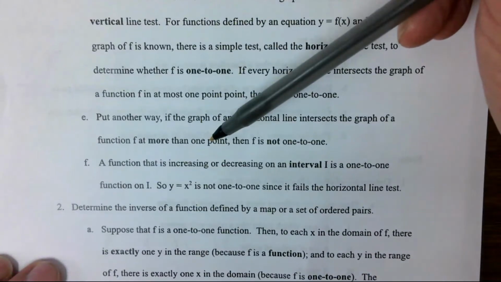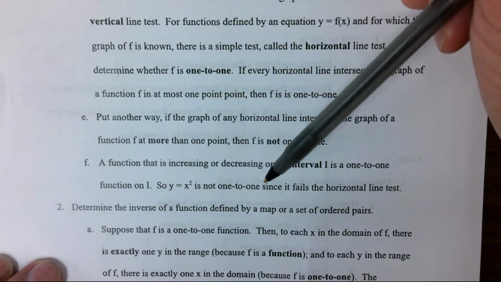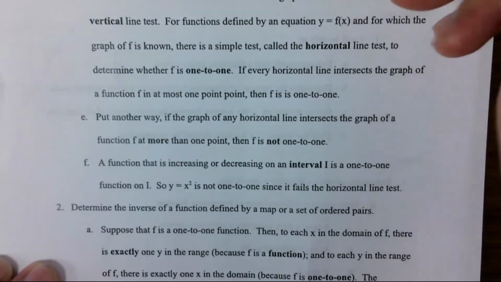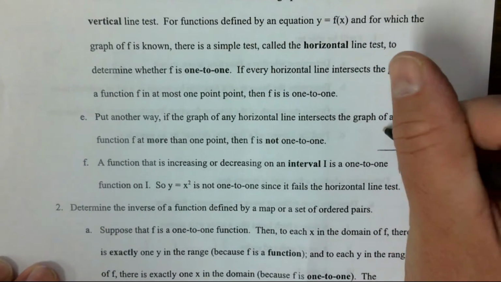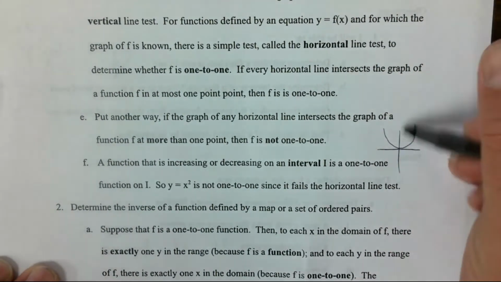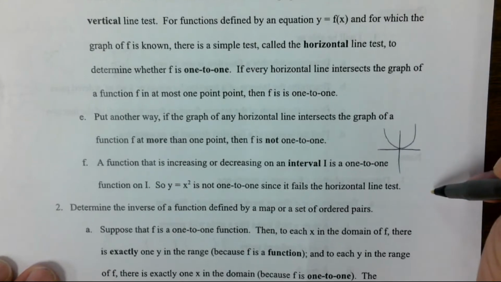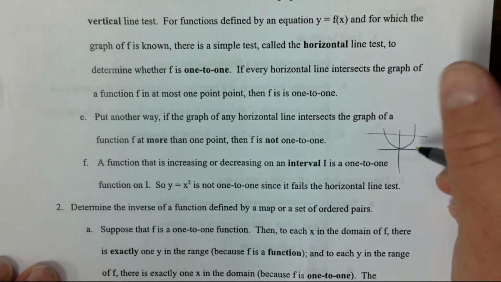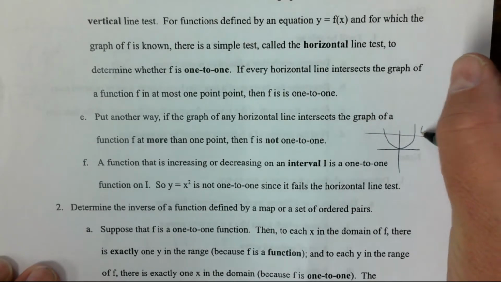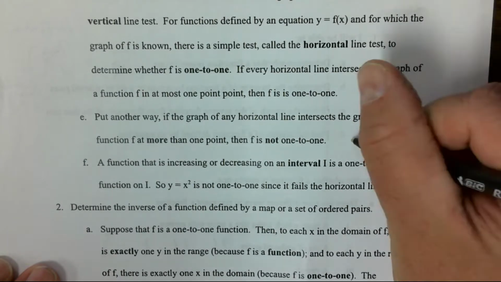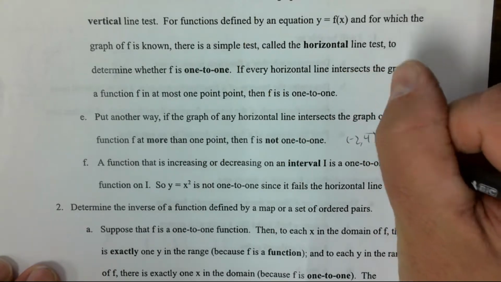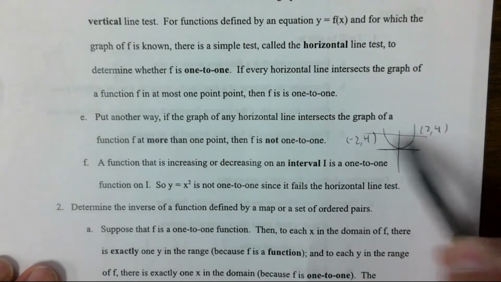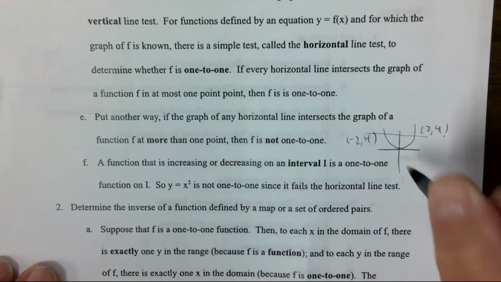So x squared is not one-to-one because that would fail the horizontal line test. It passes the vertical line test, so it is a function, but it fails the horizontal line test. So for example, you could have 2 going with 4 and -2 going with 4. The 4 repeats, and so it's not one-to-one.